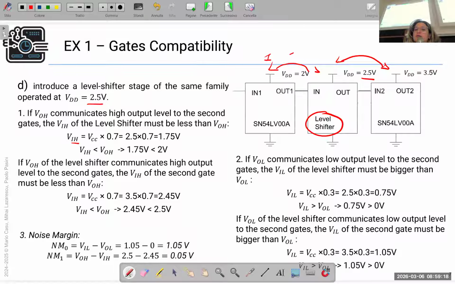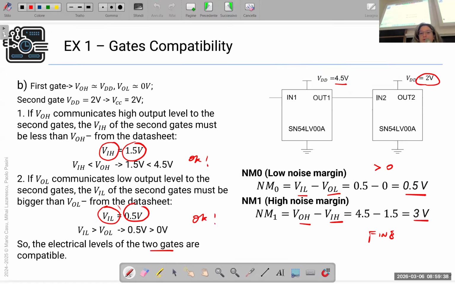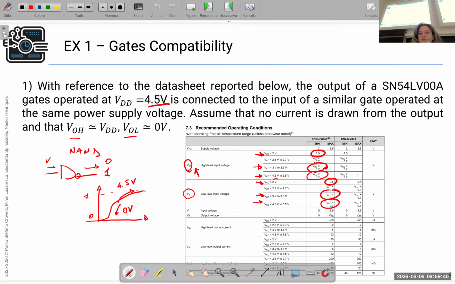So, first of all, let's see if at the high level the first gate and the level shifter are compatible. We have to use VCC times 0.7. Is it right? Let's see. For the value 2.5, we'll go to the datasheet. 2.5 is here, and we have, in fact, VCC multiplied by 0.7.